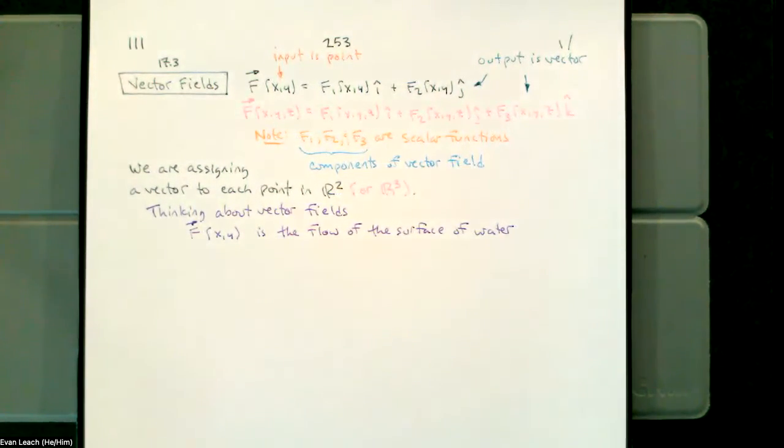We can think of the surface of the water as being a 2-dimensional thing. And the vector field will indicate the flow at every point, what direction the water is flowing.